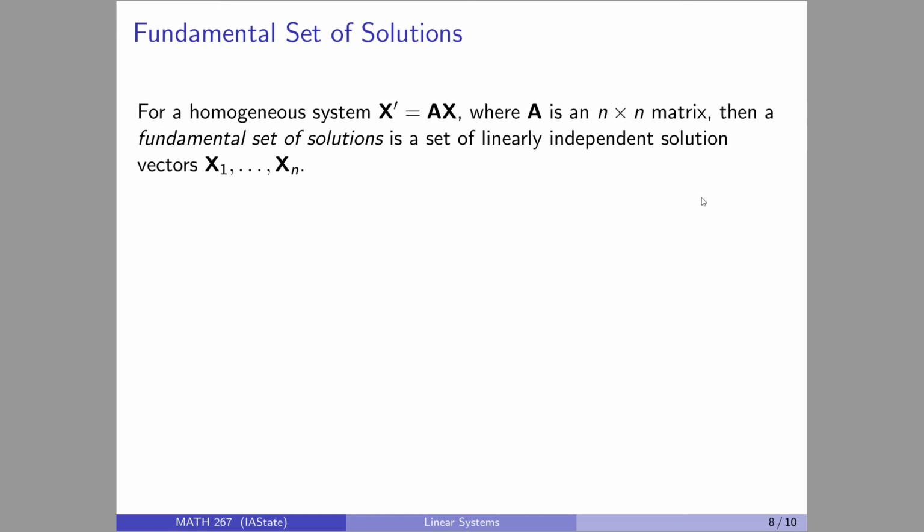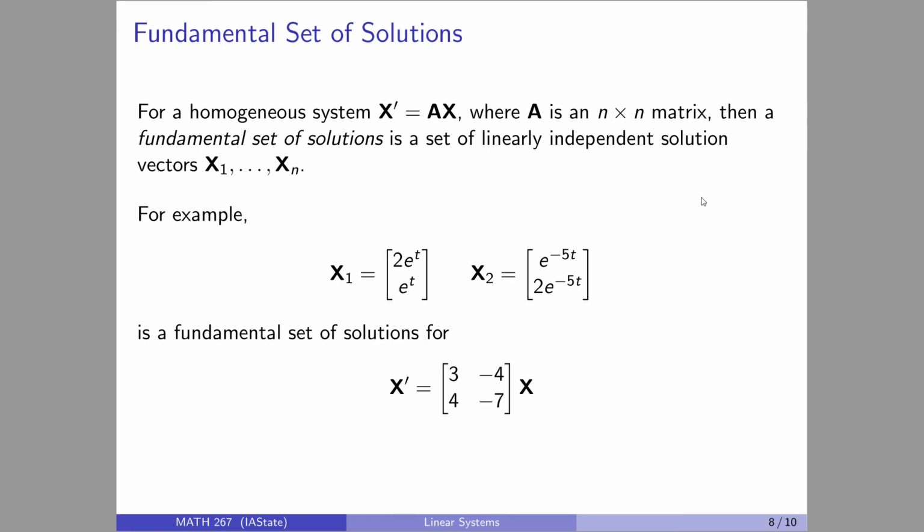For a 2x2 matrix, you need to find 2 linearly independent solutions. For 3x3, you need to find 3, and so on. For example, as we just discussed, this homogeneous system has this as its fundamental set of solutions.